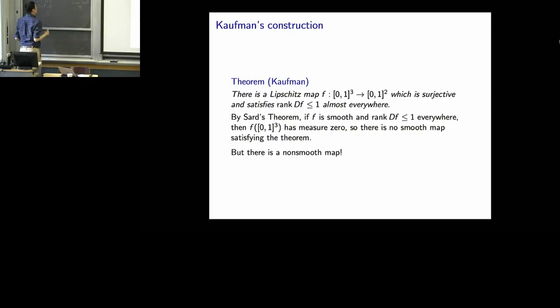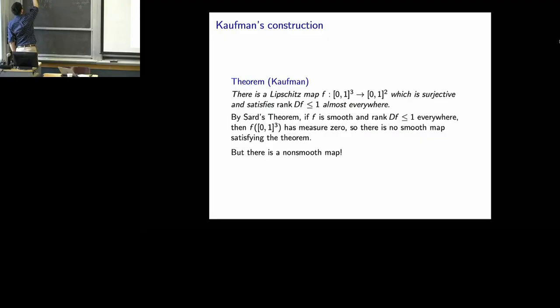Because we've got 64 cubes with side length 1/4 on the left side, we've got 64 squares of side length 1/8 on the right side.